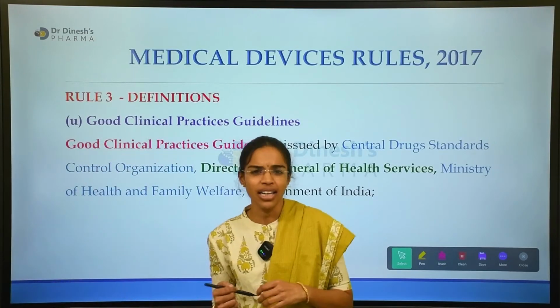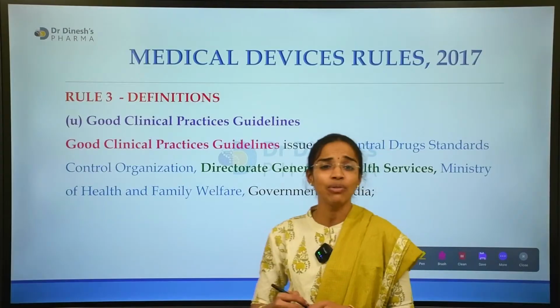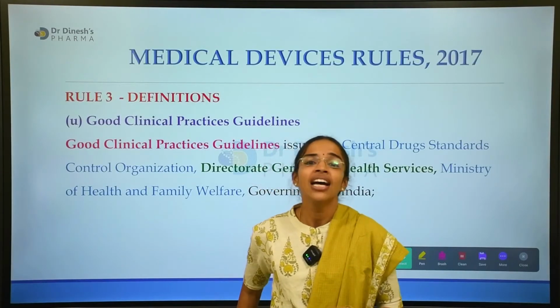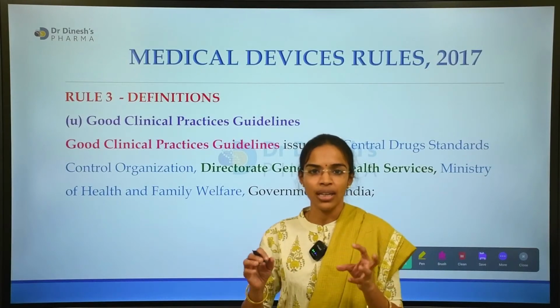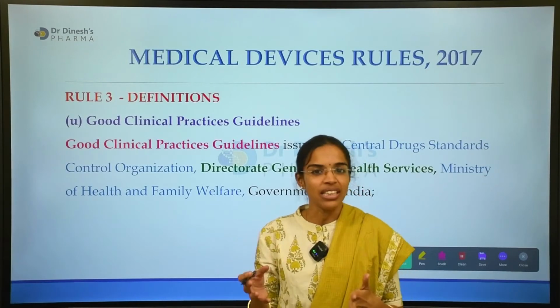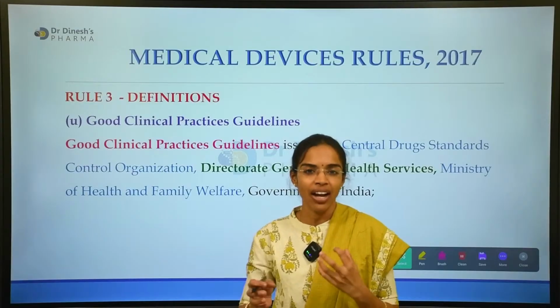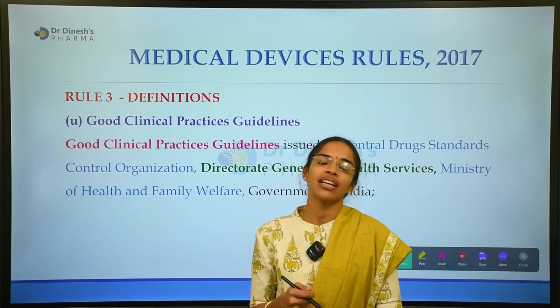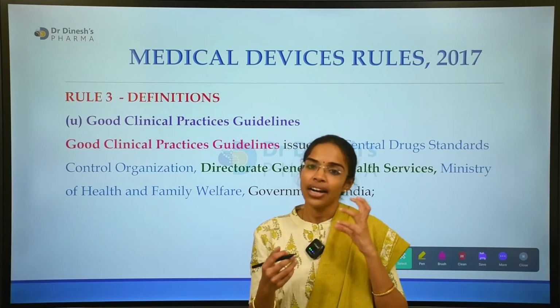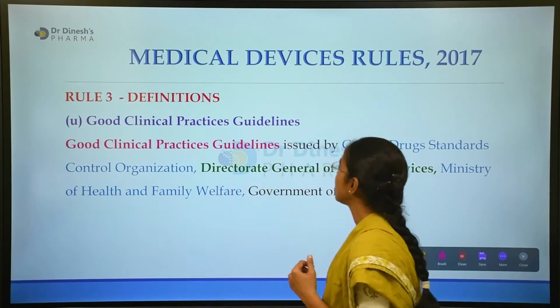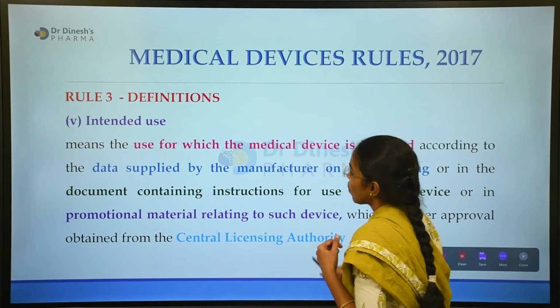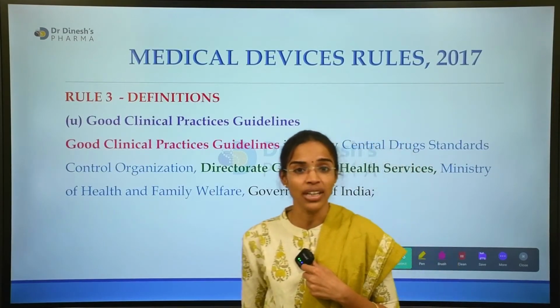So what do the GCP guidelines deal with? They deal with all the clinical practices, like what the basis is for the clinical trial of a medical device, what clinical trials and investigations include, and how they should be performed. All this procedure and protocol is involved in the GCP guidelines.